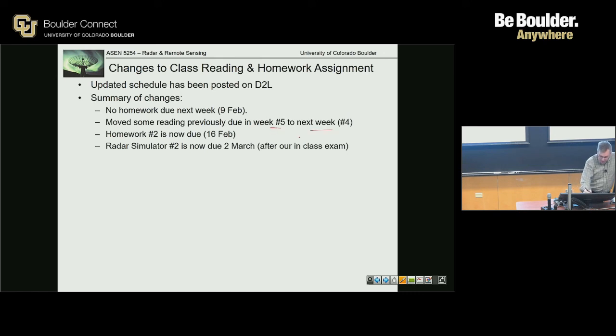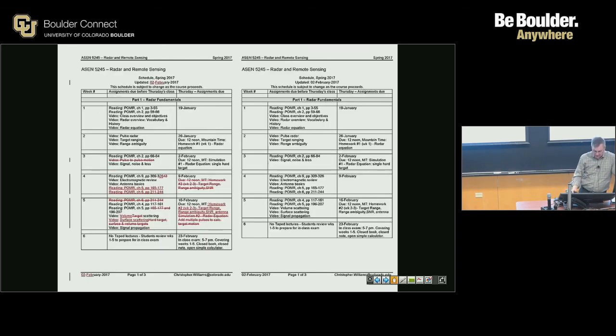I'll move this homework due in 2 weeks, and move simulator number 2 after the exam. It's good, and we'll talk about what value the simulator provides to understand our concepts, but I think there are some bigger ideas I'd like you to grasp before the exam.